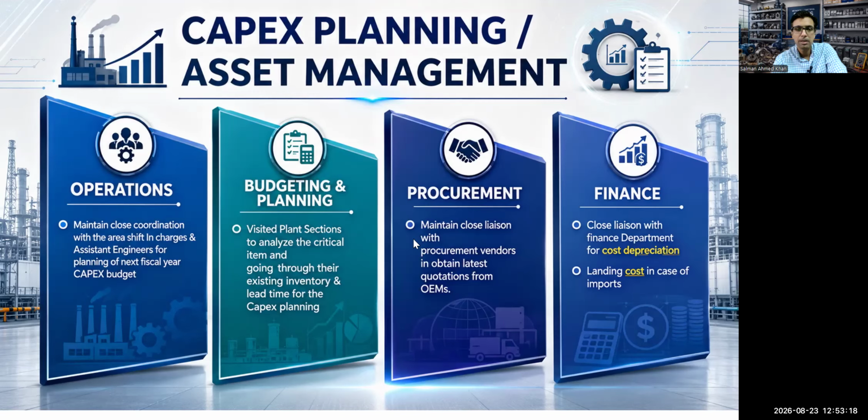You need to visit plant sections to analyze the critical items, going through their existing inventory and lead time for the CapEx planning. And then you need to maintain close coordination with procurement or the suppliers in order to obtain the latest quotations from the OEM, and close liaison with the finance department for cost depreciation and landing cost in case of imports.